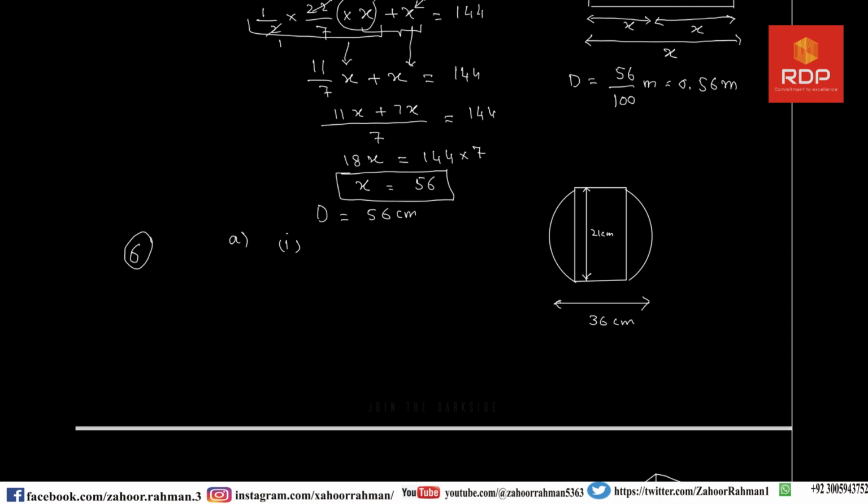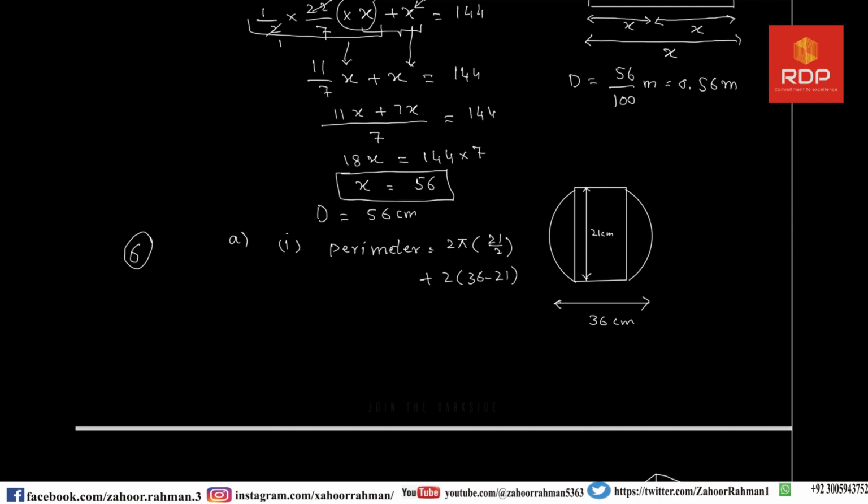Now in this case, perimeter of the figure is equal to 2 pi and 21 over 2, and then plus we are having 2 into 36 minus 21.